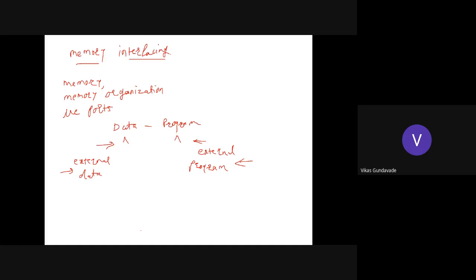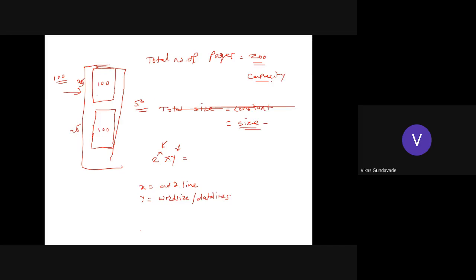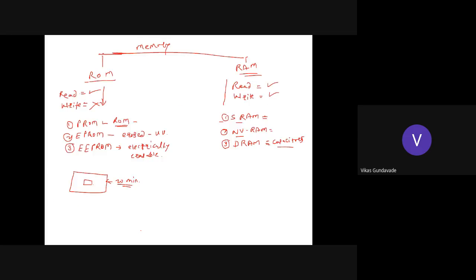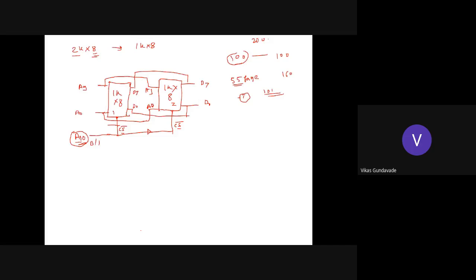That's why, when we are increasing the memory, the status of this A10 pin is 0 for the first memory, so the first memory will get selected. And when it becomes 1, then by inverting it, it is interfaced to the second memory, so the second memory will get selected. Okay.